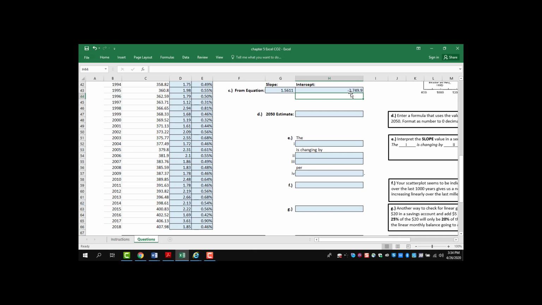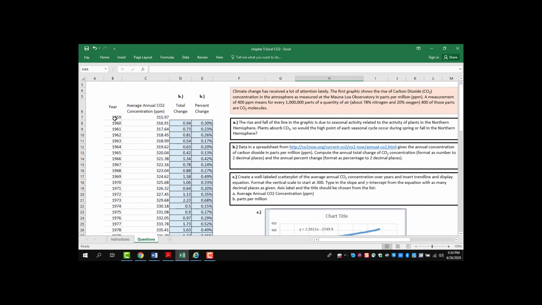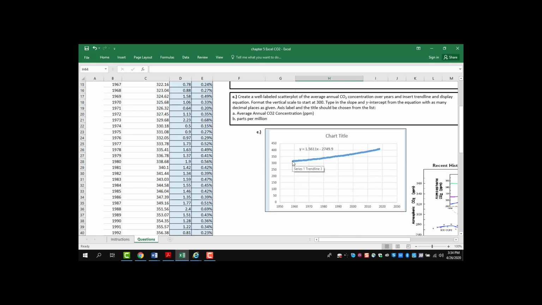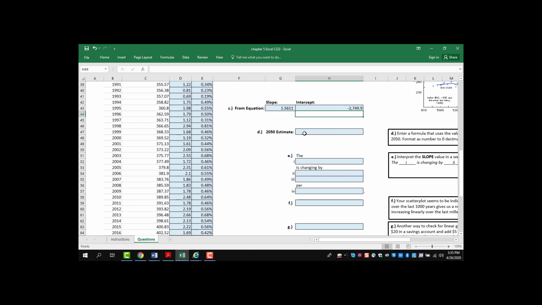How can you have a negative 2,000 parts per million of carbon dioxide? Well, it's because year zero would be the year Christ was born, and year zero here is off the chart somewhere, since the data starts at 1950. So it's really not relevant, because this data is really only good within a certain parameter, maybe 1950 to 2060, for estimating.